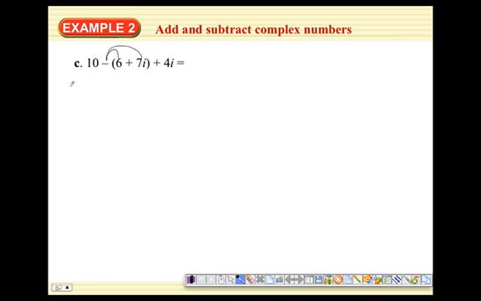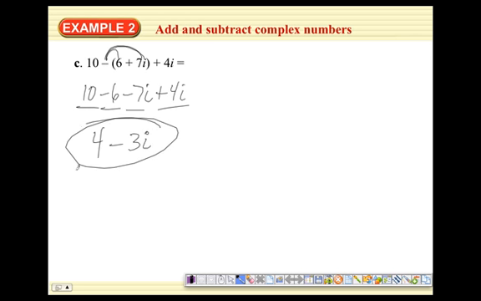If you didn't do that, which probably a quarter of the people didn't, you got the wrong answer. So we got 10 minus 6, and then minus this, so minus 7i plus 4i. Put it together: 10 minus 6 is 4, negative 7i plus 4i minus 3i. Final answer. Good job. You can add and subtract. Way to go. Here we go. Ready? Let's get the harder stuff.